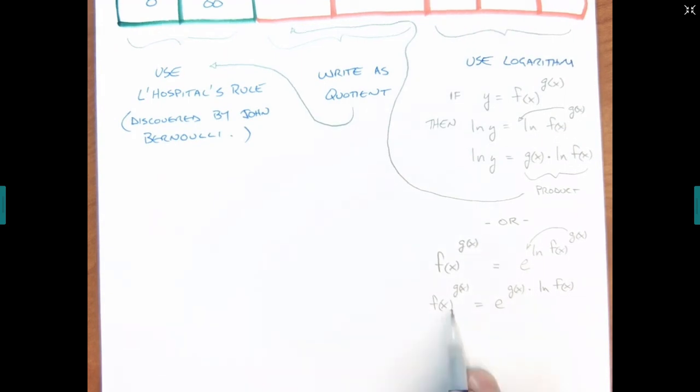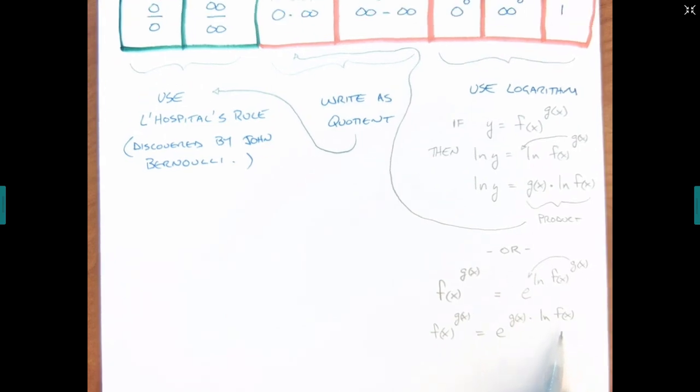So here we have it. f of x to the g of x is equal to e to the g of x times the natural log of f of x. Now let's look at a few examples.